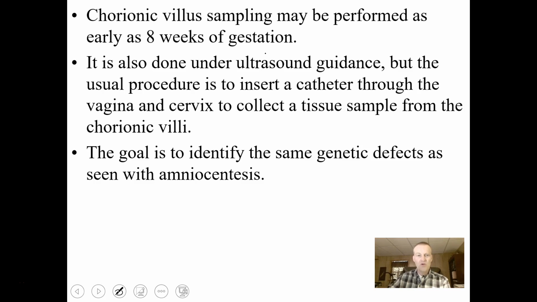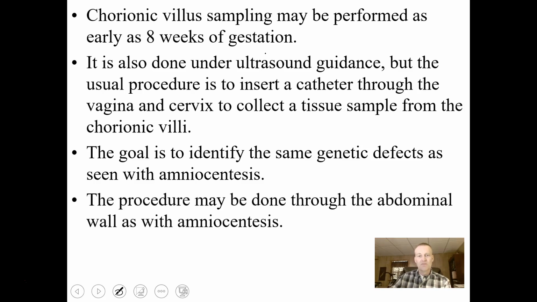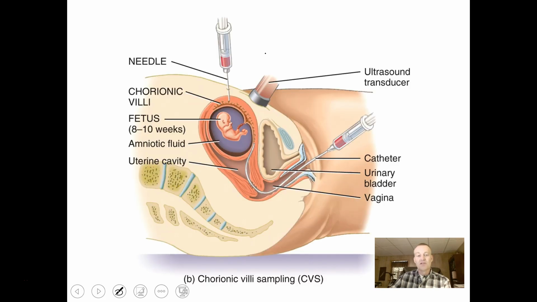The goal of these tests is to identify genetic defects, just like amniocentesis was doing. The procedure may be done through the abdominal wall, as with amniocentesis. So here you can see the needles being inserted.